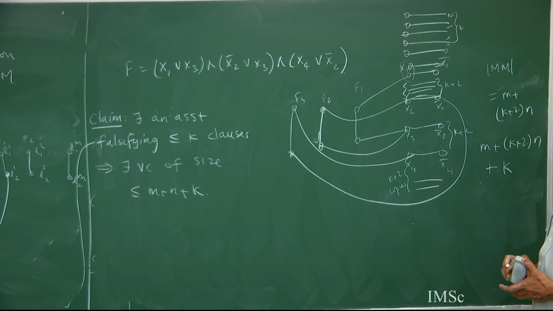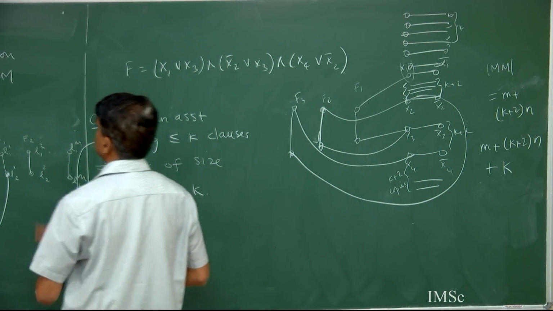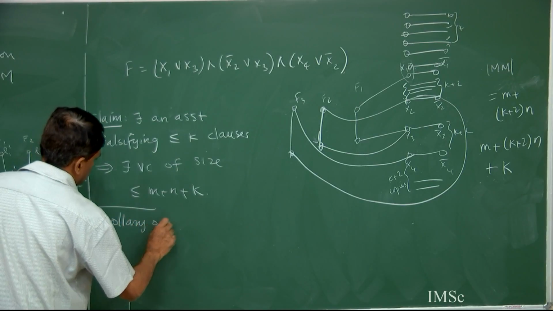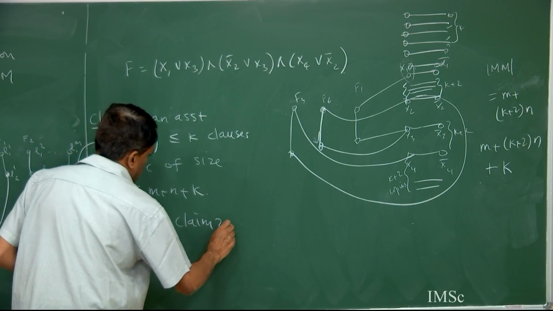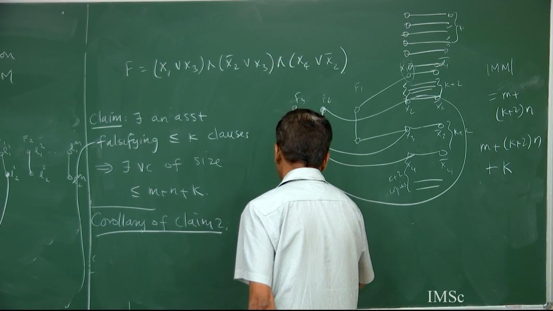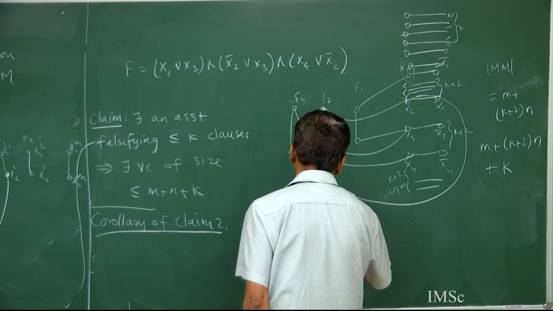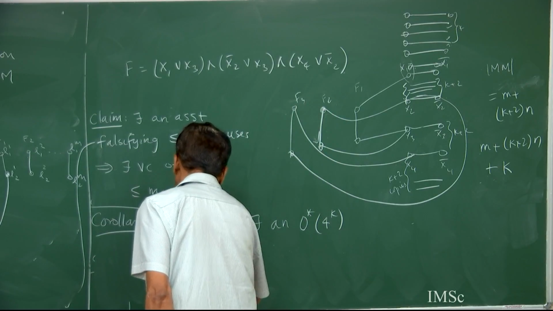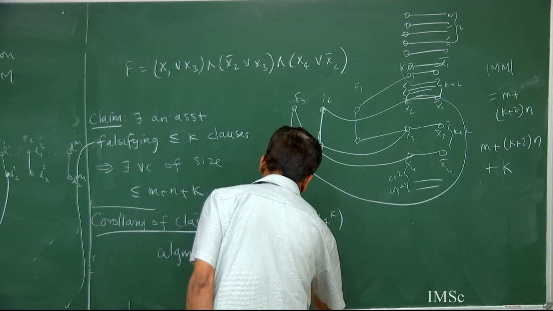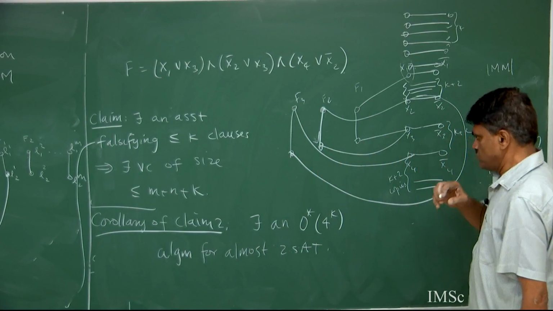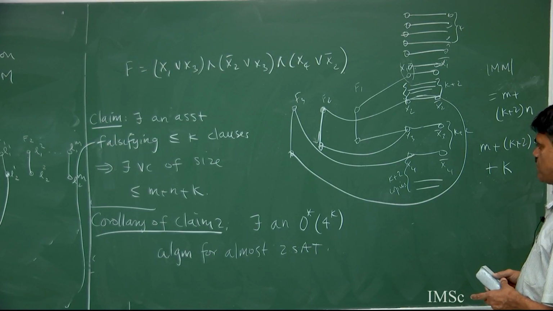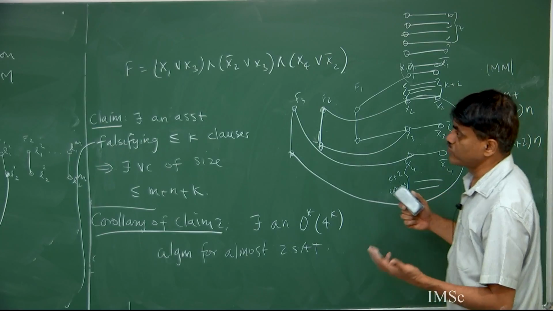Okay. So, net, particularly from claim 2, there exists an O star 4 power k algorithm. Not just that, these two problems are equivalent.